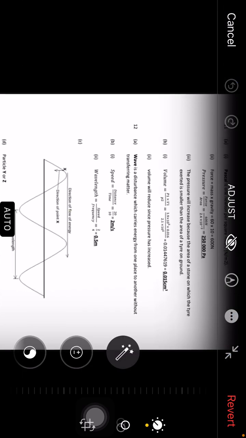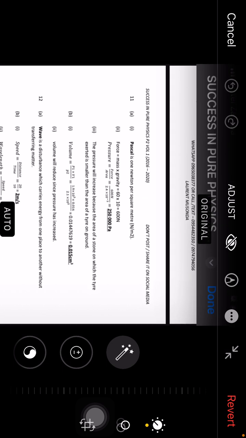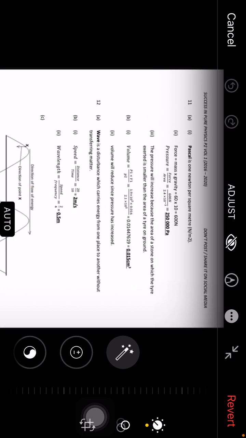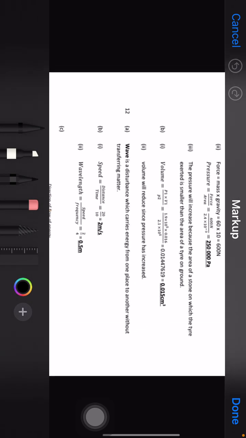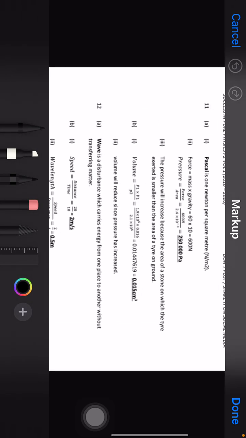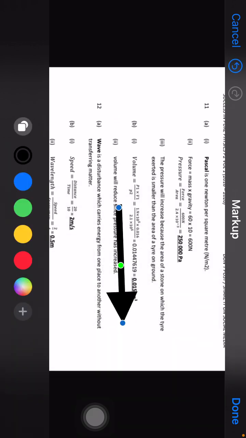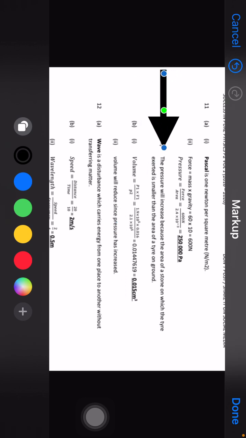Go to the solving part. We have been asked to find the pressure.